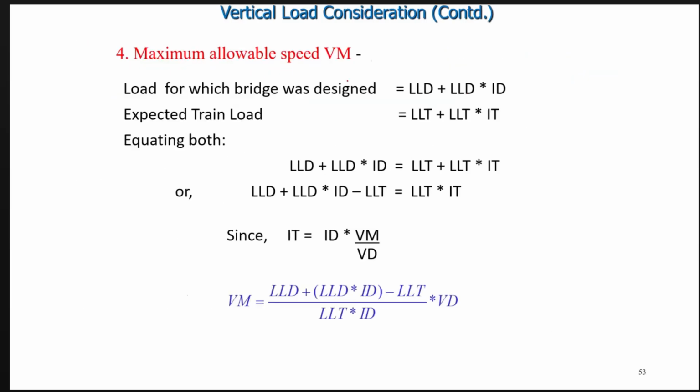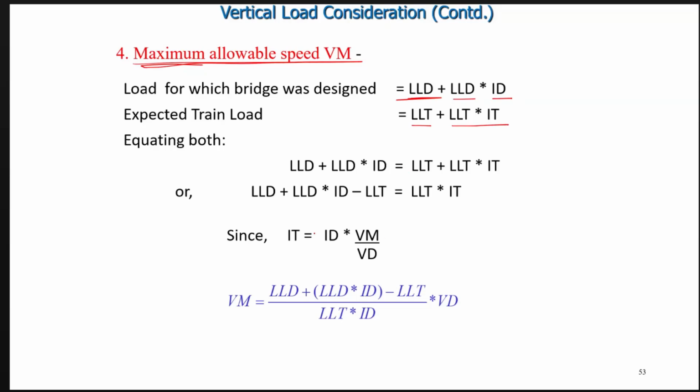Now this is very important: how we will take the maximum allowable speed VM. Here, the load for which it was designed is the design load UDL for design load, into impact load ID, and for the expected train load, UDL for train into IT.